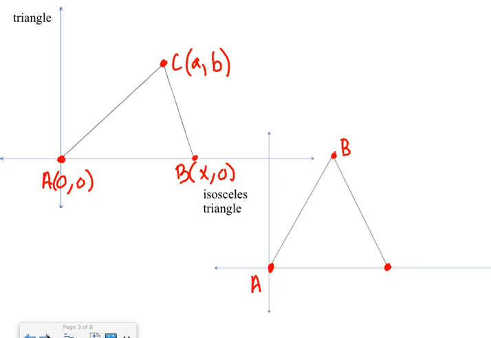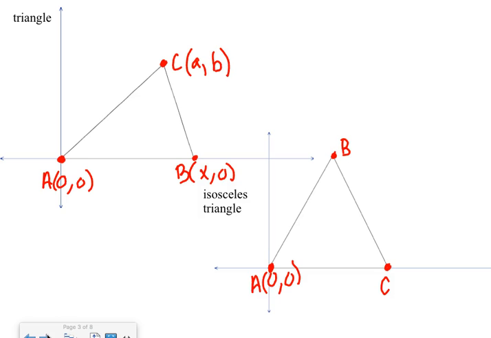Now we have an isosceles triangle, so we know some things are true about this guy. What's A going to be? 0, 0. For me, this is how I think of things. I like to work with even numbers so I don't have fractions.